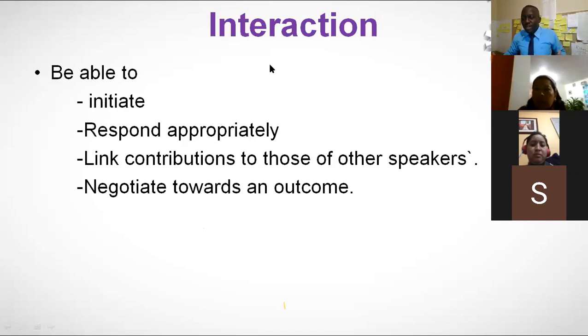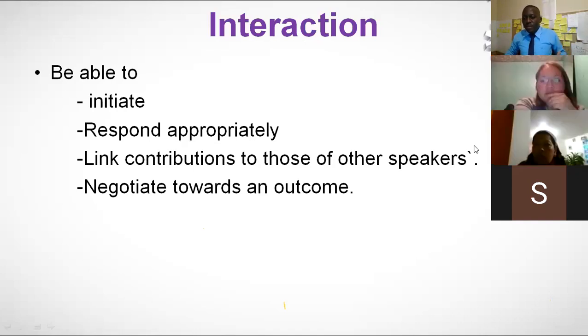For example, you can say, according to what he has said, I somehow agree with him, although I would have a different kind of view. You get it?